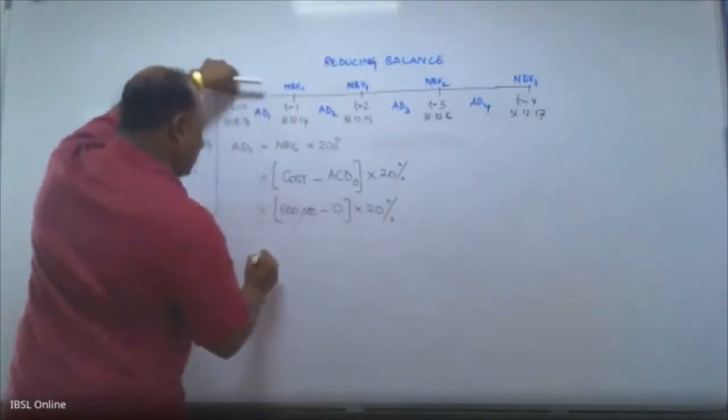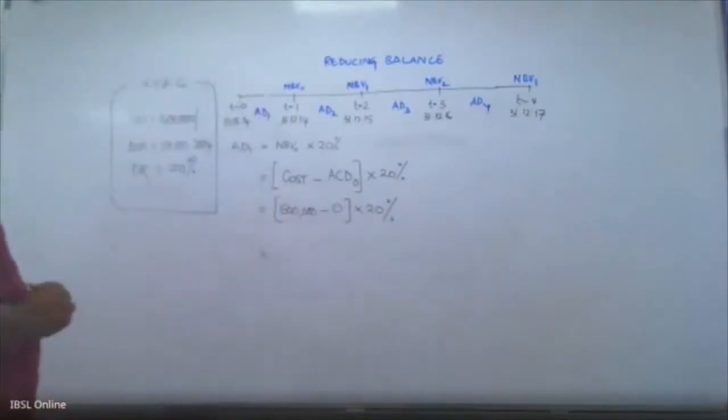So 600,000 into 20% is how much? That is 120,000.